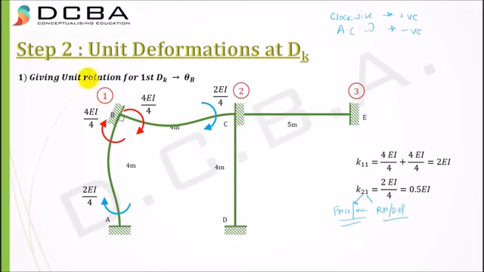We are applying the unit rotation at 1, therefore the second digit is always going to remain 1 for this particular case. So K11, K21, and the next would be K31.